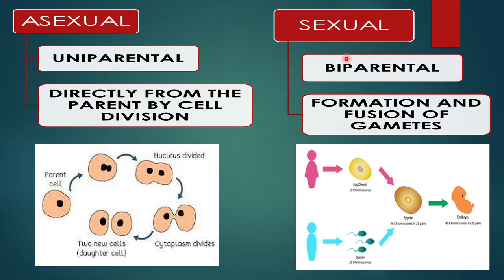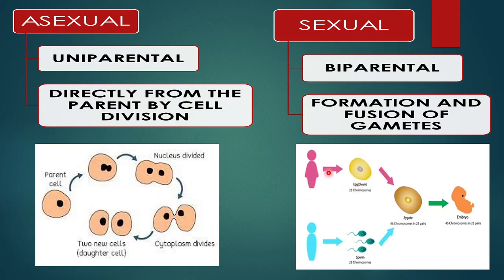Whereas in sexual reproduction, there is involvement of two parents. It takes place by the fusion of gametes. Gametes are produced by the two parents. Both the parent individuals will have to produce the gametes. The gametes unite together, like this is a case of humans that is given here.